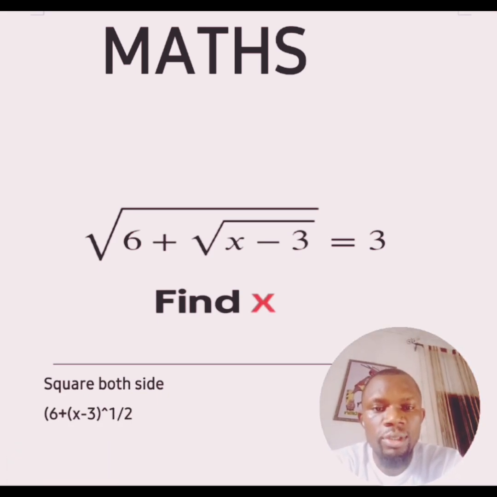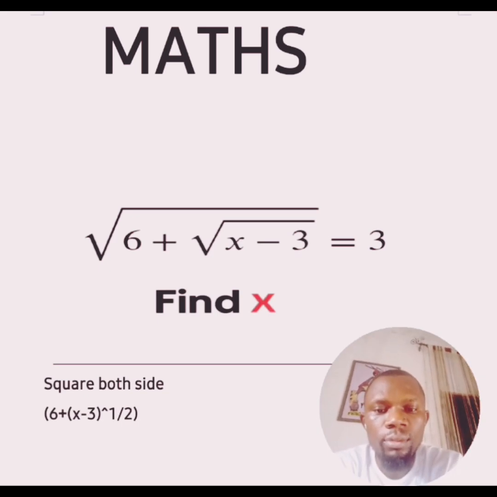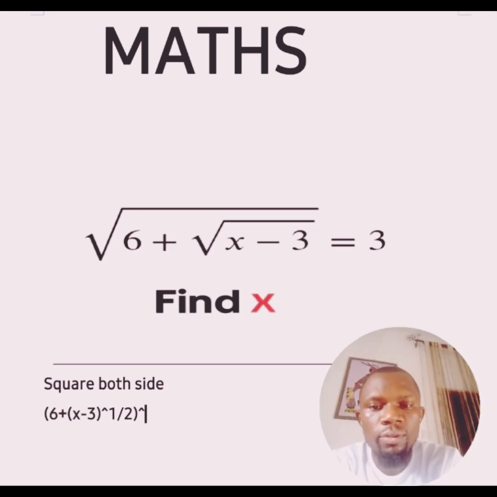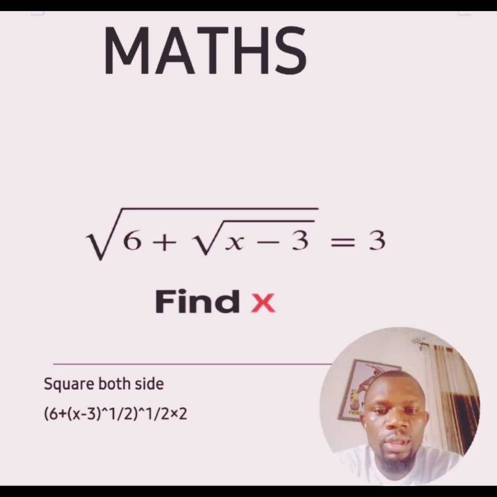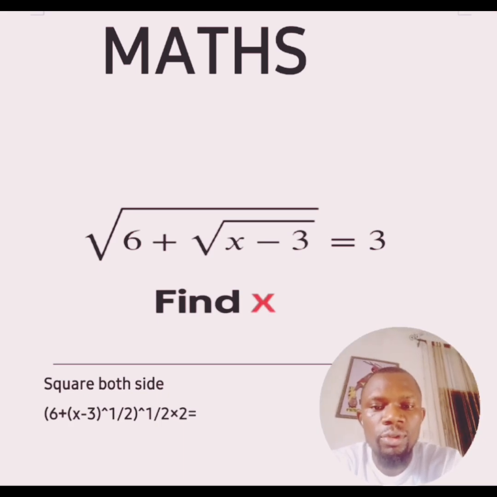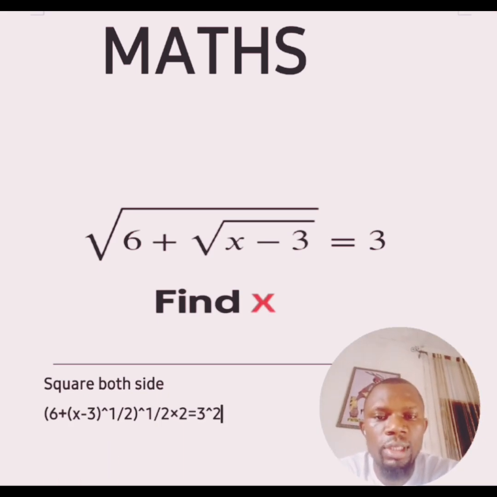Did you understand what I'm saying? Raised to the power of 1 divided by 2 is the same thing as what? Square root. So I'll close my bracket, raised to the power of 1 divided by 2, times 2, is equal to 3 raised to the power of 2, because I'm taking the square.